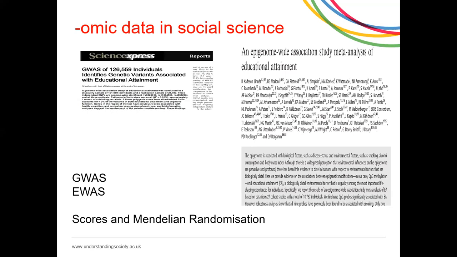What generally tends to happen is that you go down the genome and find that, for example, in this particular paper on educational attainment, lots of sites were associated with educational attainment. Nothing is associated individually very much, and even when you add up everything that's associated, it isn't very predictive of educational attainment.